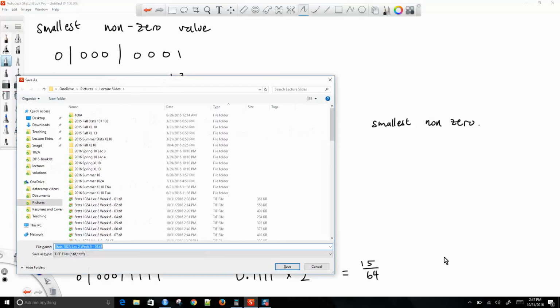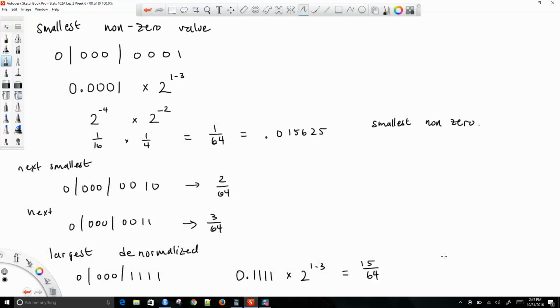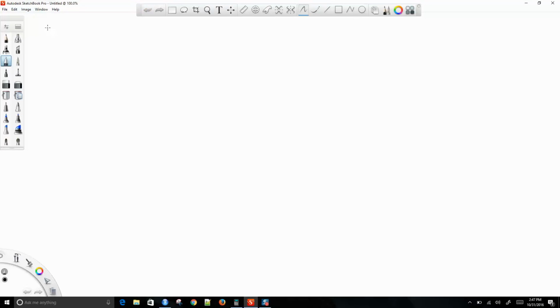All right, what would the next number in our sequence be? Previously we had our largest denormalized, which is 15 out of 64. Now we are in the normalized section. We would have non-zeros in our exponent.